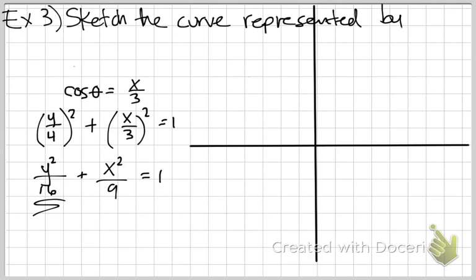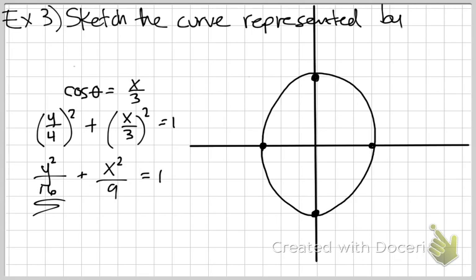So it goes up 1, 2, 3, 4, that's the vertex up there at 4, and down 1, 2, 3, 4, that's the vertex down there at 4. For the 9, the square root of 9 is 3, and that's under the x, so it goes out on the x-axis 3 this way and 3 this way, because it's centered at that point. If you connect these points, it looks something like this, the best ellipse you can draw. So that's what the graph looks like.